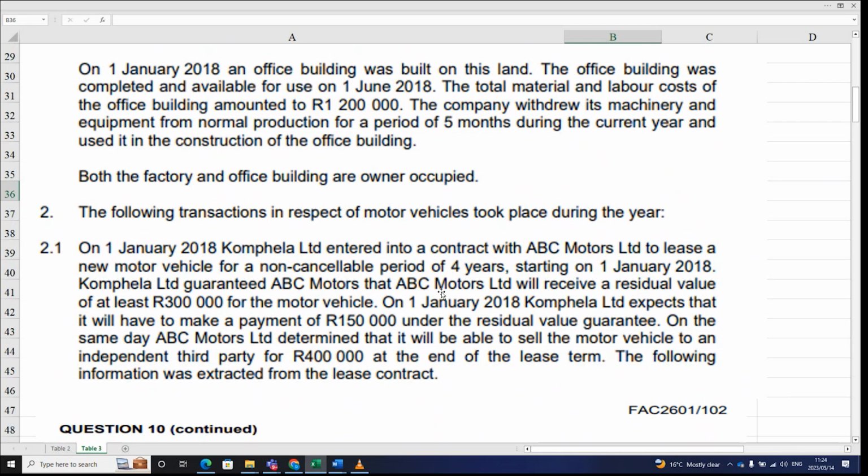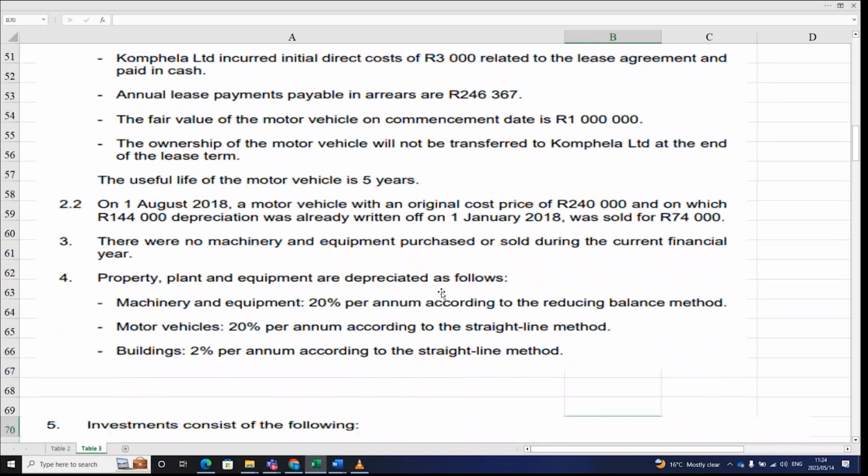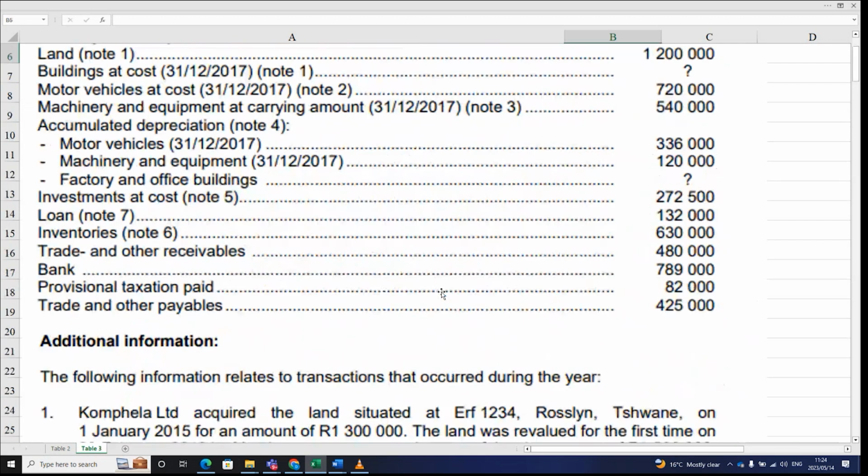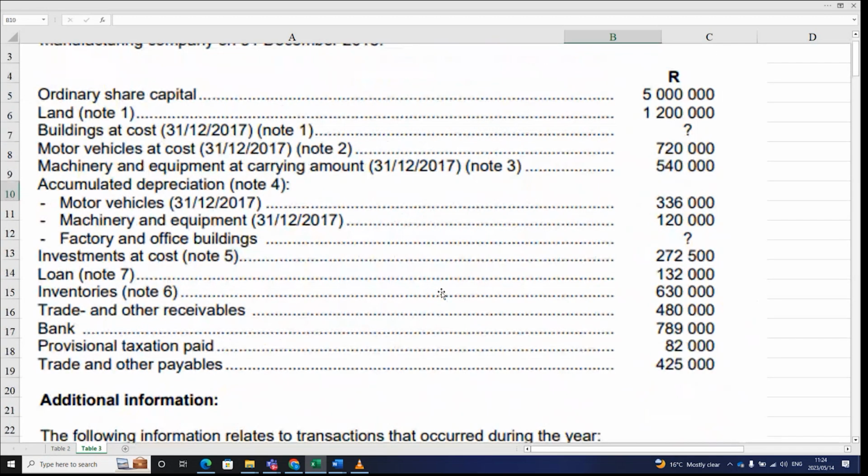In our case here, it was for a period of 5 months, so we need to get the depreciation of that equipment. They say this equipment depreciates at 20% per annum according to the reducing balance method. Starting here, they give us the machinery carrying amount at 540,000, and then they say the accumulated depreciation is 120,000.